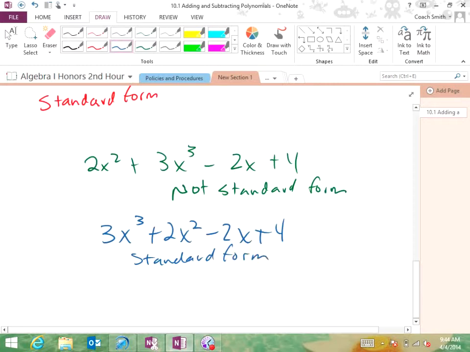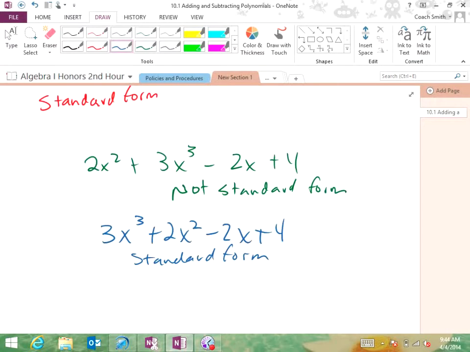Because they are going from largest to smallest degree of the terms. Or they're going from the largest exponent to the smallest exponent. And if there are multiple letters, you still try to list it in the degree of one of the letters.